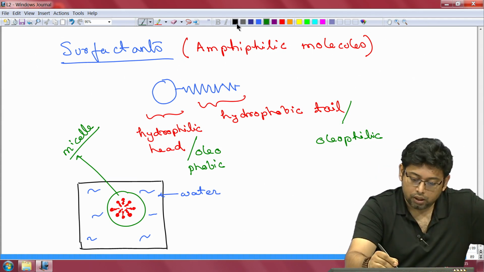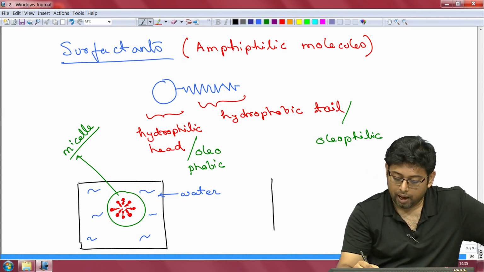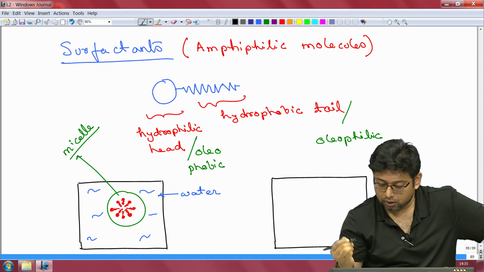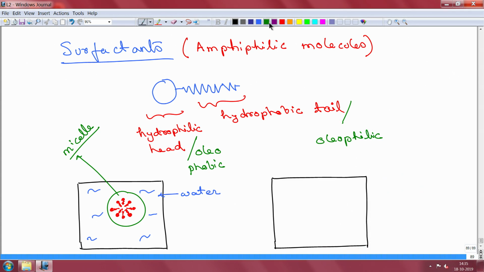If you had water, sorry, if you had oil, what would happen? So, let us take this, and this is oil. For oil, the hydrophobic tail becomes oleophilic. So, this arrangement just reverses.